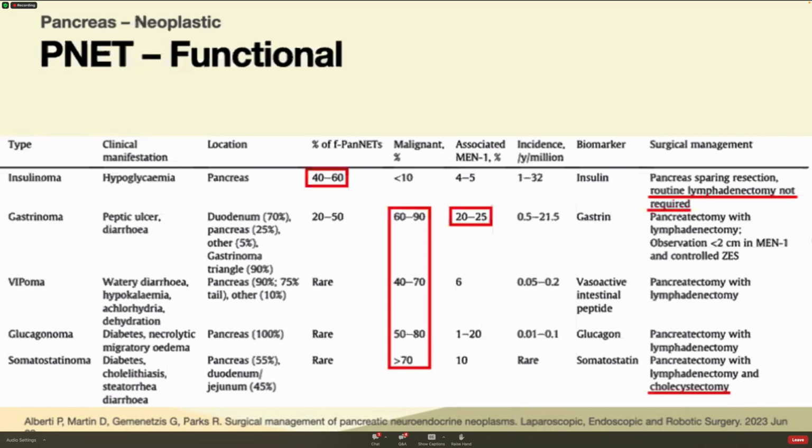And the functional PNET most associated with MEN1 is the gastrinoma. Hence, you have to rule out MEN1 when you're confronted with a patient with gastrinoma. For the surgical management, as mentioned earlier, routine lymphadenectomy is not required for insulinoma. Then for the rest, more or less, is pancreatic resection with lymphadenectomy. Then for somatostatinoma, since the patient usually has gallstones, there's an added cholecystectomy.